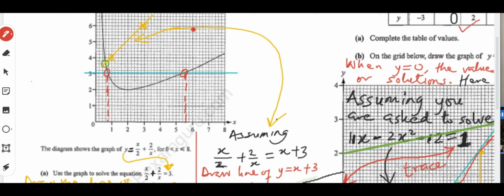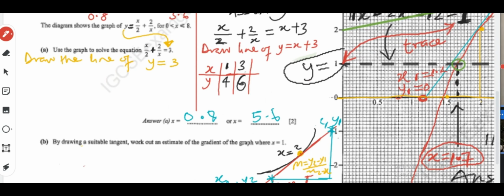So you're right. The answers are here and here. And I think here is 5.6. No, 0.8. This place is 5.6. Those would be the answers: 0.8 and 5.6.